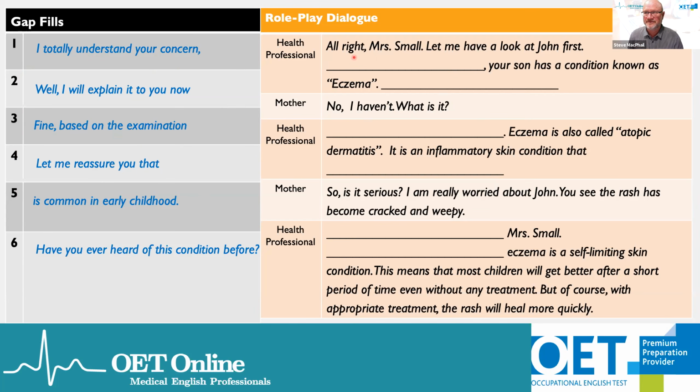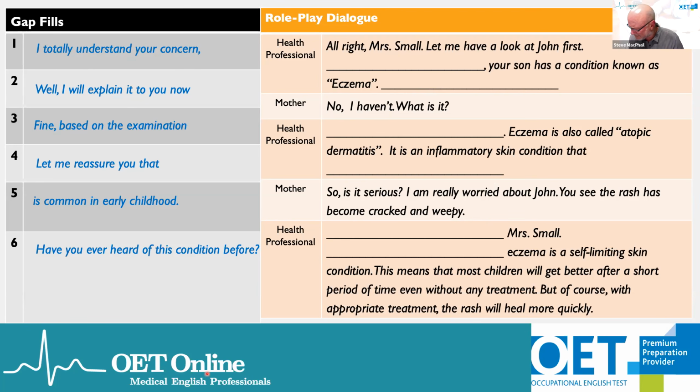So it begins. All right, Mrs. Small, let me have a look at John first. Something, your son has a condition known as eczema. Something. Okay, what number would go first? Based on the gap fills on the left-hand side. Type in the number.